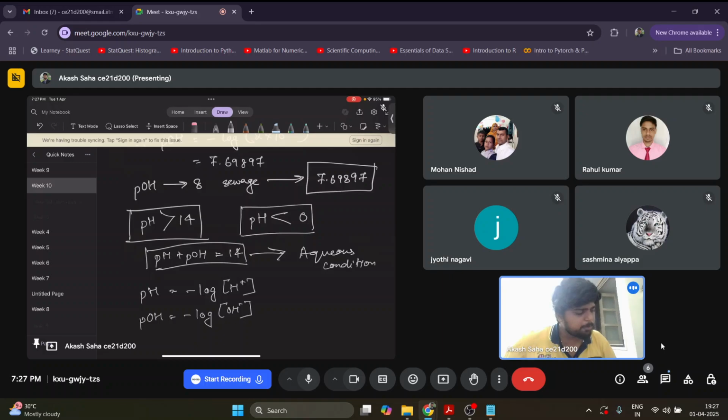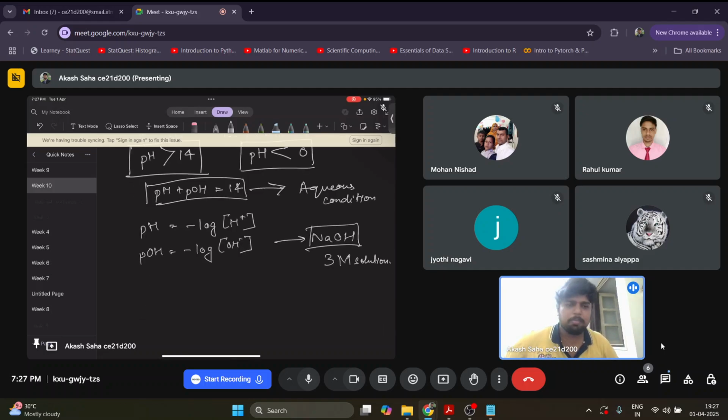If I keep on increasing, suppose I am taking NaOH, and I am saying it's a 3 molar solution. So now what will be my pOH? So it will be 3 moles per liter. So pOH is equal to minus log of 3.